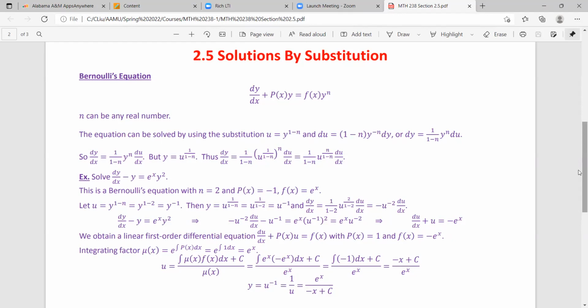And then using the integrating factor, we can find the solution to the new differential equation, which is u equals the integral of mu times f plus c, over mu. Now mu is e to the x and f is negative e to the x. So plug in.